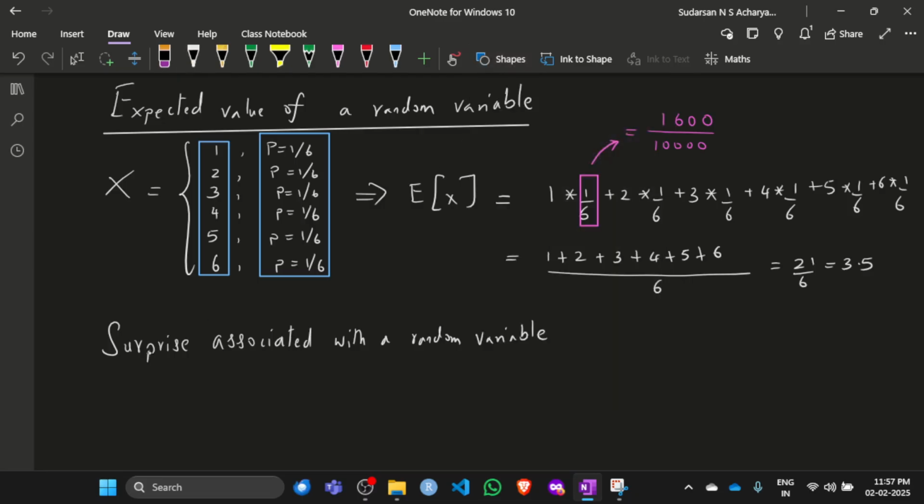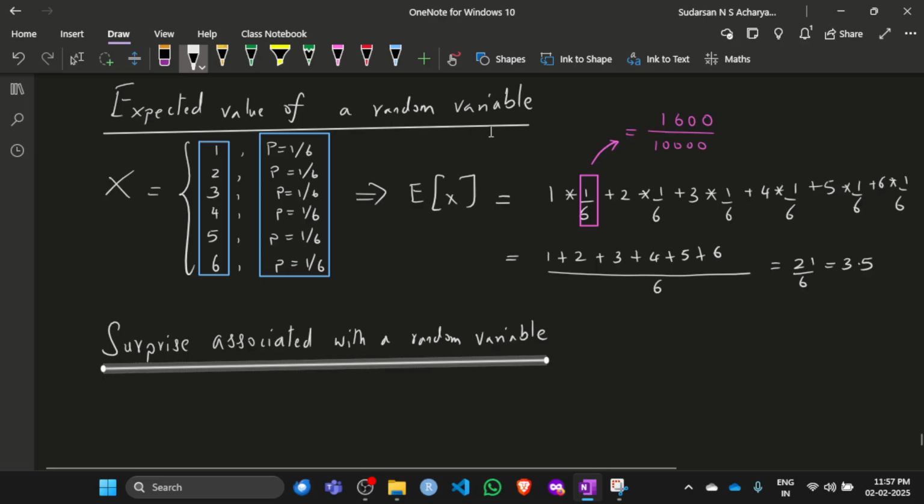Suppose I told you that there is a coin that is biased, and I also tell you that 99% of the times it's going to show up heads, right? Now, if you toss the coin and if you see a heads, well, you're not very surprised, but if you see a tail, you'll be very surprised. So is there a way to quantify the surprise associated with a random variable? It is possible to do that.